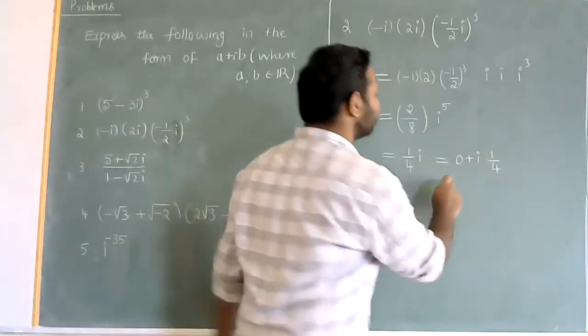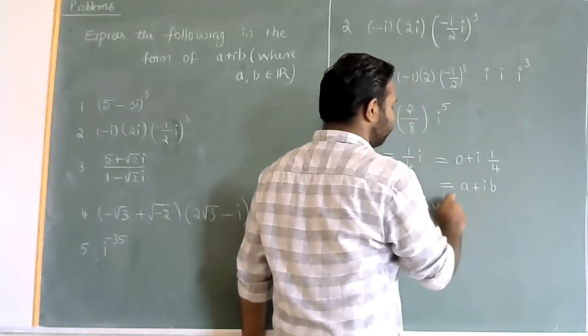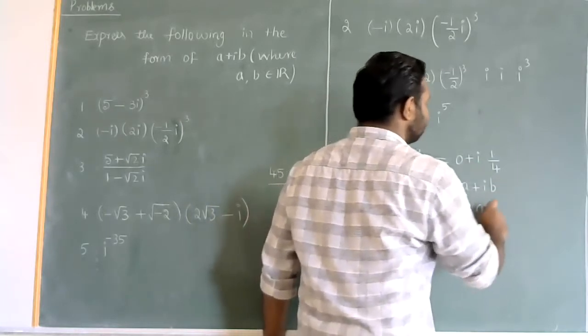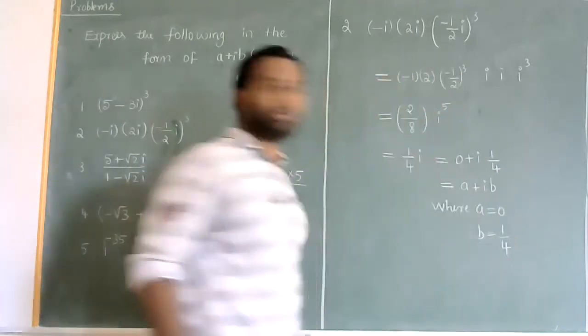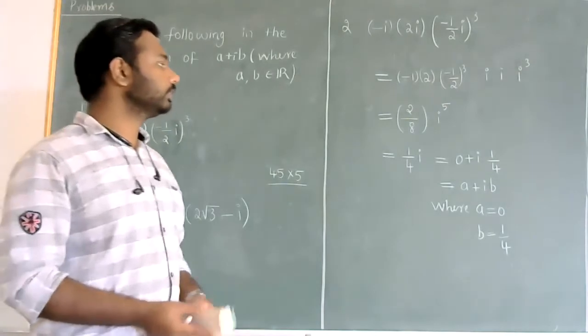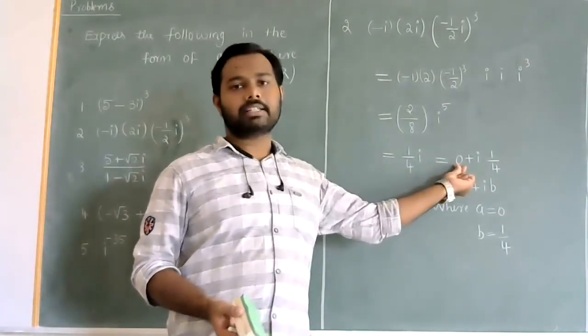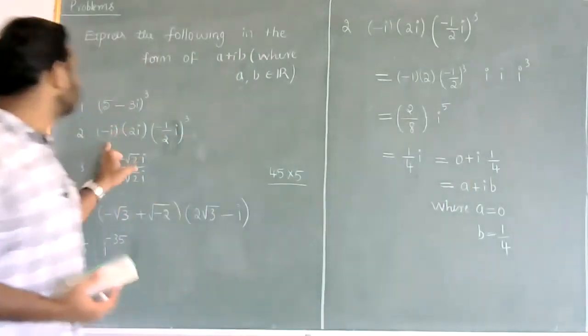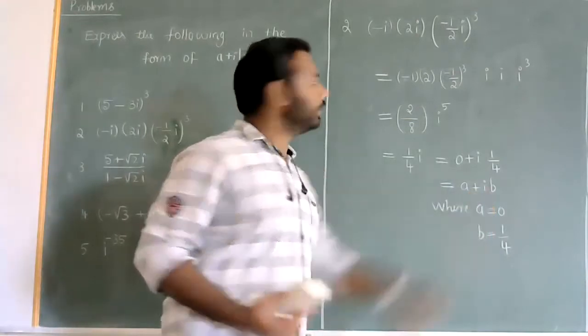That means we have expressed this in the form a plus ib, where a is 0 and b is 1 by 4, which is a purely imaginary number, as its real part is 0. So hence we express the second one also in the form a plus ib.